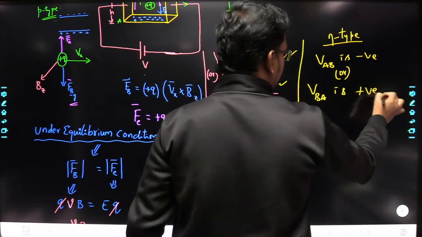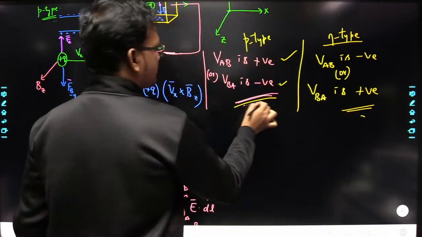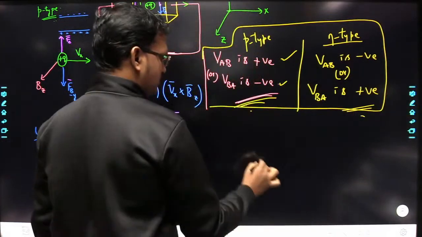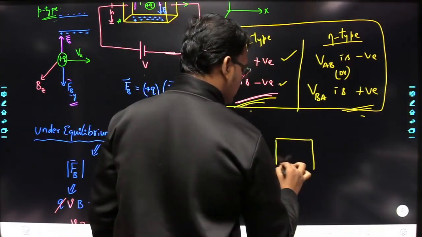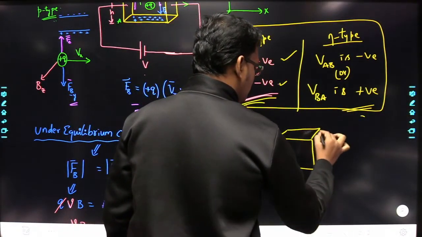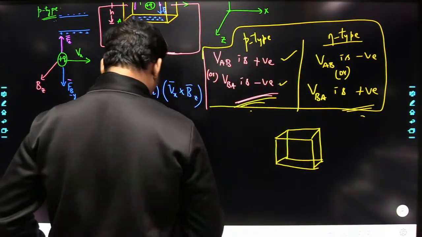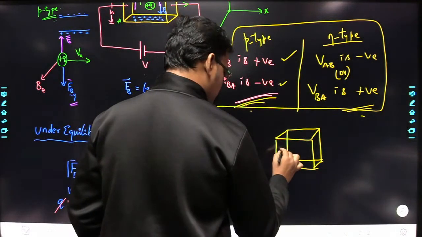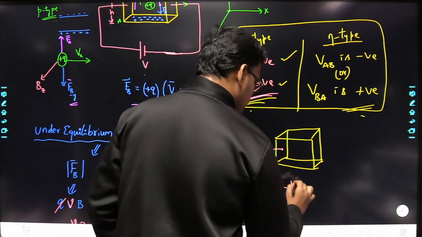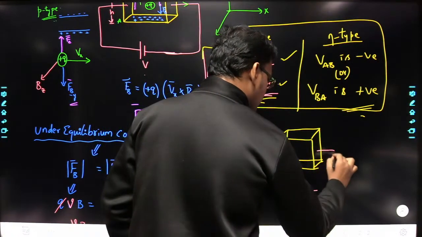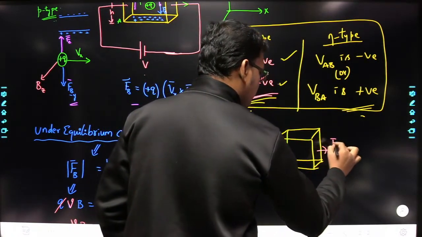So if you take a semiconductor, and I have taken simply a semiconductor without specifying which type, and you apply some voltage across it, the current flowing is Ix.